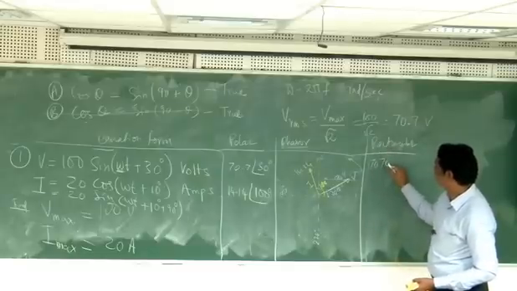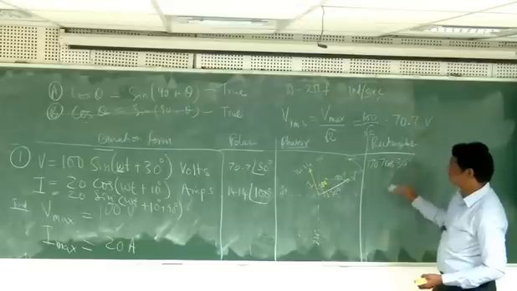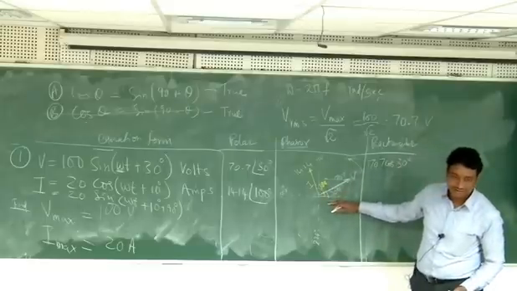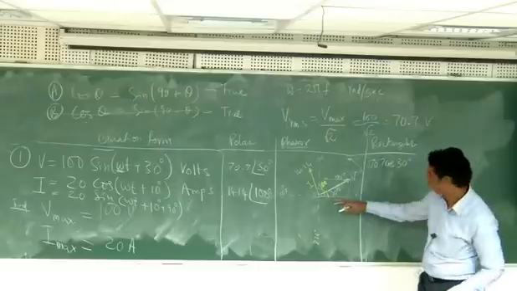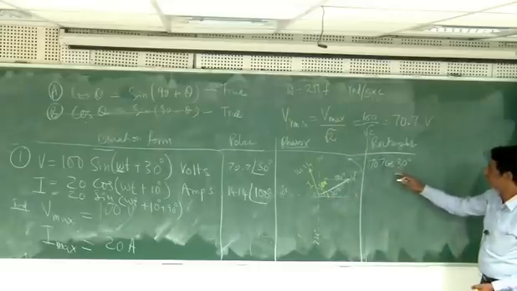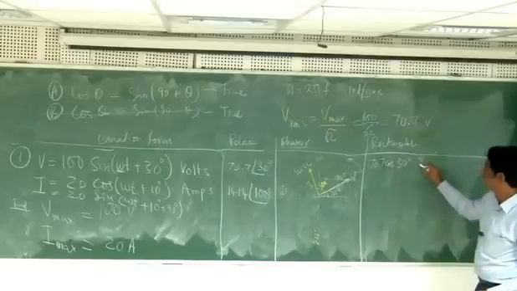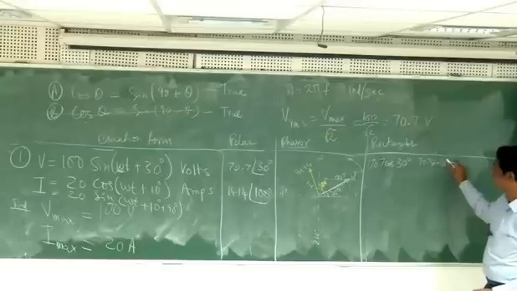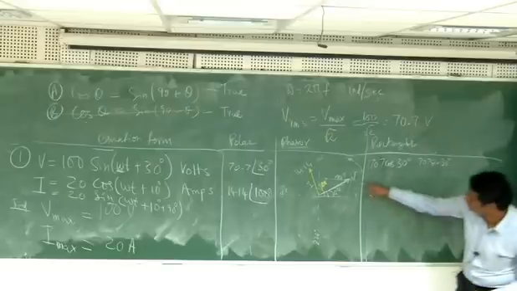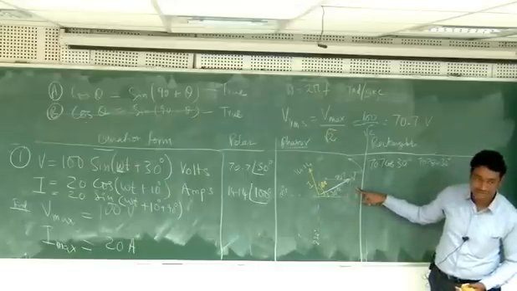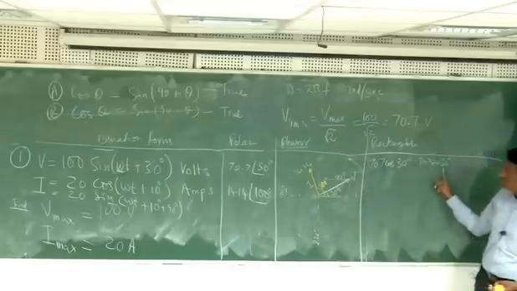Because if you take this triangle, this is the adjacent side, so adjacent side is cos. This is the x component and the y component will be 70.7 into sin 30. This one is the y component. In this triangle, sin is the opposite side, so it will be 70.7 sin 30.